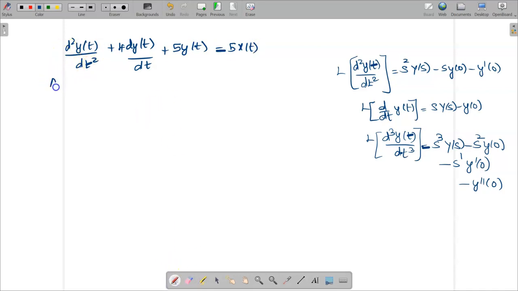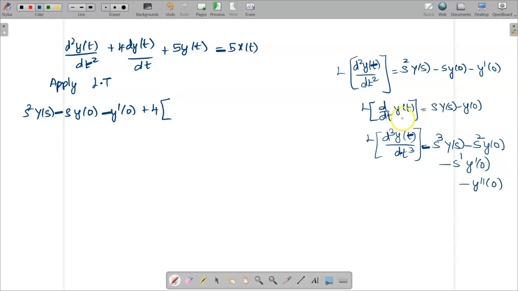So apply the Laplace transformation. Since they have given initial conditions, we are considering the initial conditions. If they did not give initial conditions, no need to consider these terms, that is y of 0, y dash of 0 and all. So for the first term we can write s square y of s minus s y of 0 minus y dash of 0, plus 4, which is a constant that we take outside commonly.